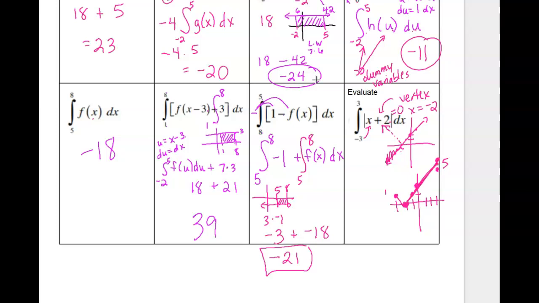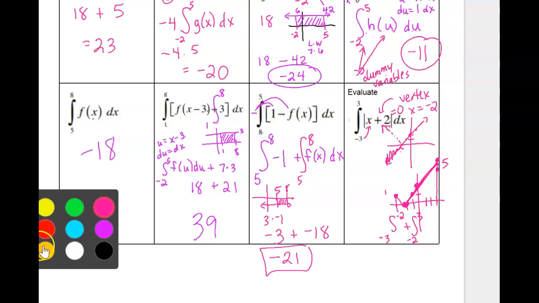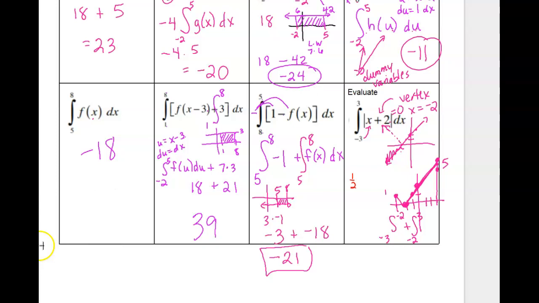Okay. So to evaluate the integral, we're going to use the signed area. So we're really going to go from negative 3 to negative 2. We need to find that triangle area. And then we can add this one last triangle area from negative 2 all the way to 3. That's kind of the concepts we're doing. Okay. So I get 1/2. That base is 1.